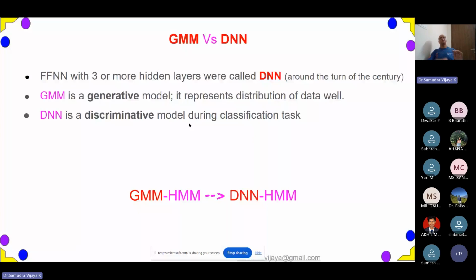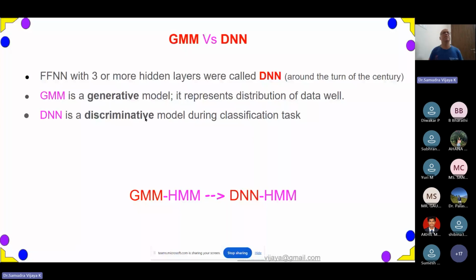It is not interested in representing how the A is, but how A is different from O, how A is different from Ka, how A is different from N, and so on. So it says what is the uniqueness of the vowel A, which is different from others. The uniqueness that helps in recognizing well, therefore it discriminates between different sounds.